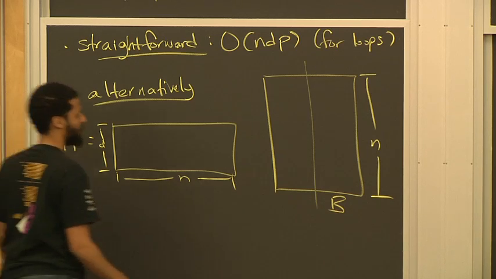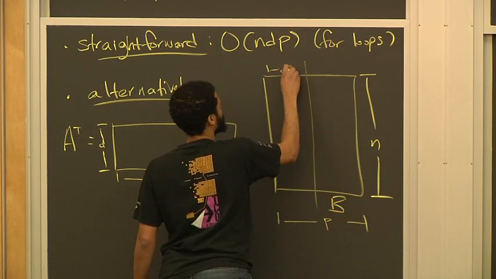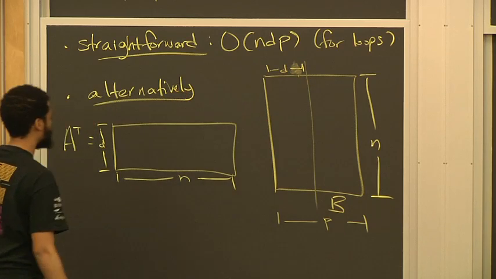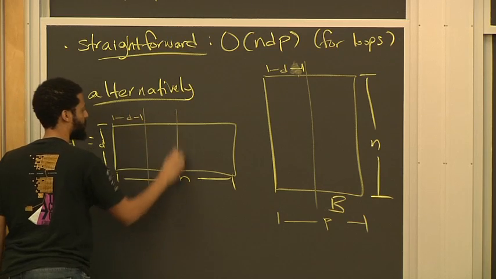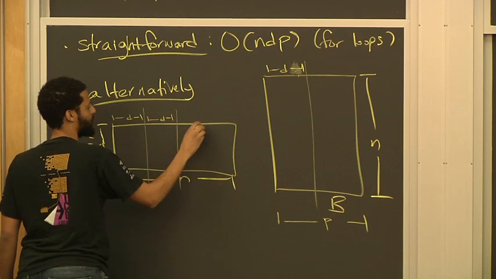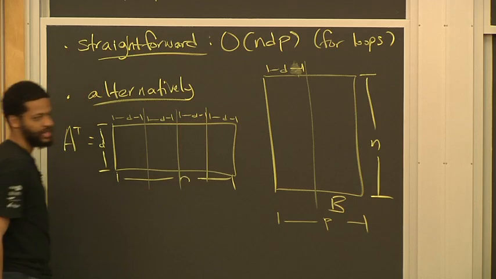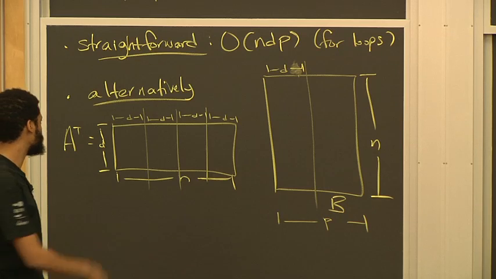So let's say this thing is p, and this thing here is d. Right. So one thing you could do is just break this up into d by d blocks. Let's just pretend that d divides n. If it doesn't, just pad the matrix with some extra rows that are 0.